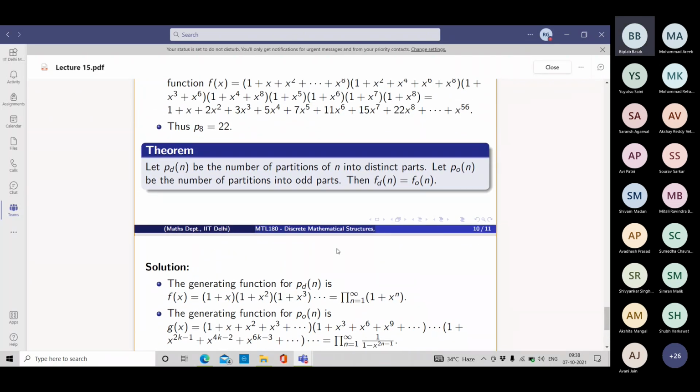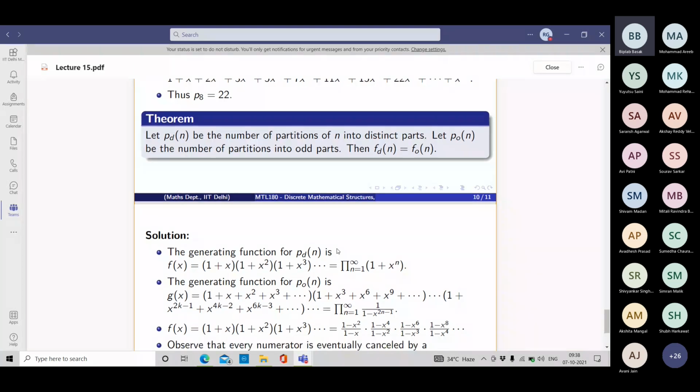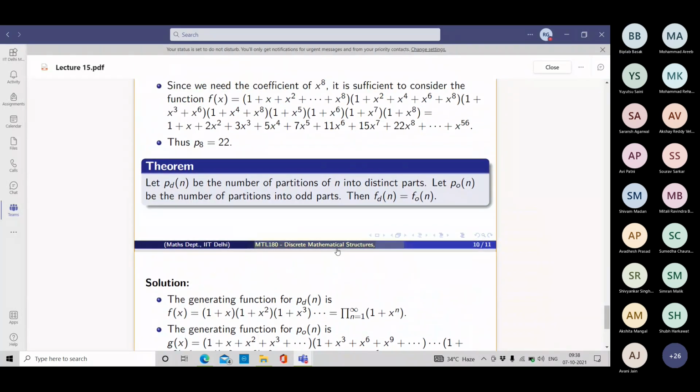It should be PD and PO. By mistake, I have written FD here, but this is a typo.